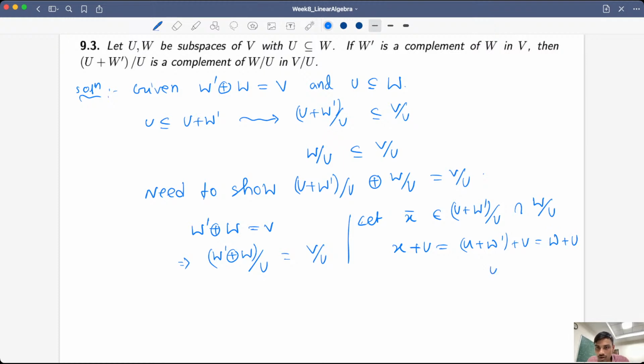So u belongs to u, w prime belongs to capital W prime, and w belongs to W. So belonging to the intersection means I have a representative for x as u plus w prime, and also as w, right? From this relation, I want to show that x belongs to u, and then I'm done.